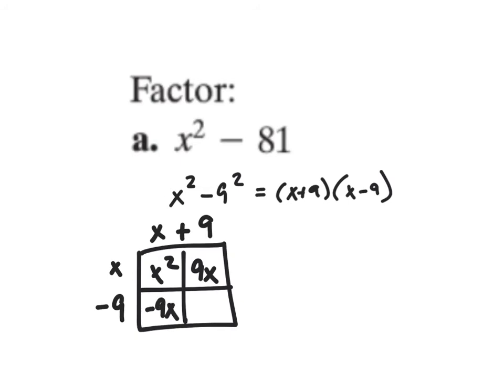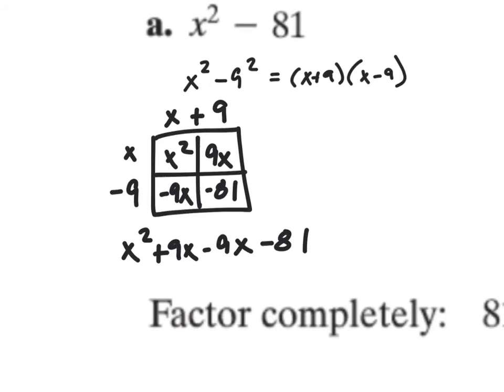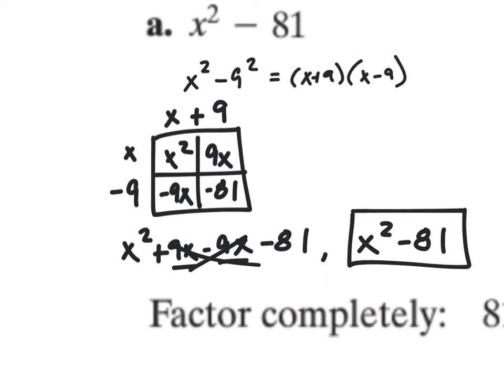And then if I take 9 times negative 9, that's going to give me negative 81. Okay? So now when I add these together, I take x squared plus 9x minus 9x and then minus 81. When I combine these as like terms in the middle, they're going to add to 0 and cancel out. So what you're left with is just x squared minus 81, and that's your answer.